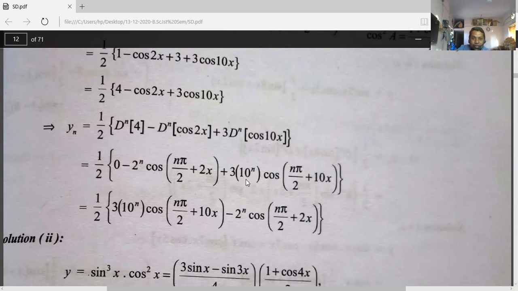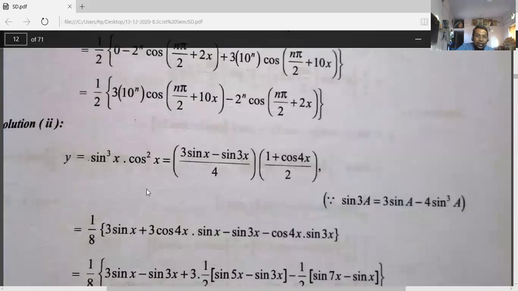Now 3 into 10 to the power n cos(n pi/2 + 10x) you are getting, times 1/2, and the remaining is the same. There is no need to write it again here; you write this one, then you write the next. And here itself I will start.